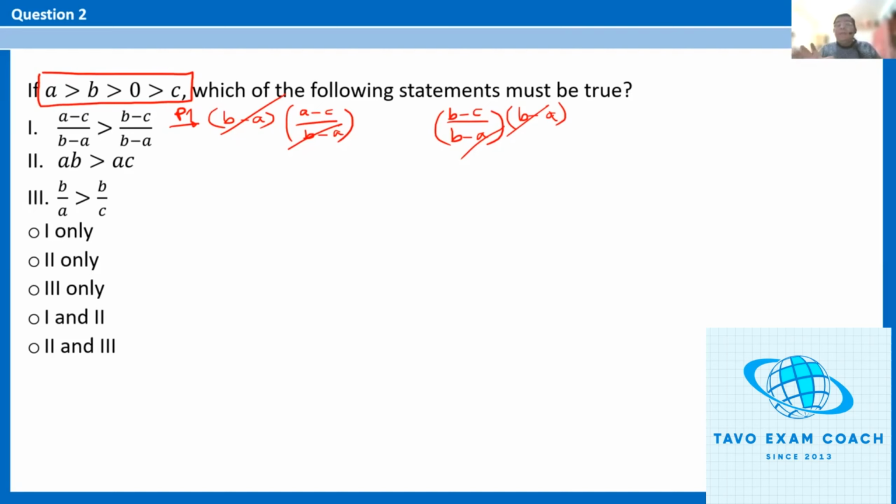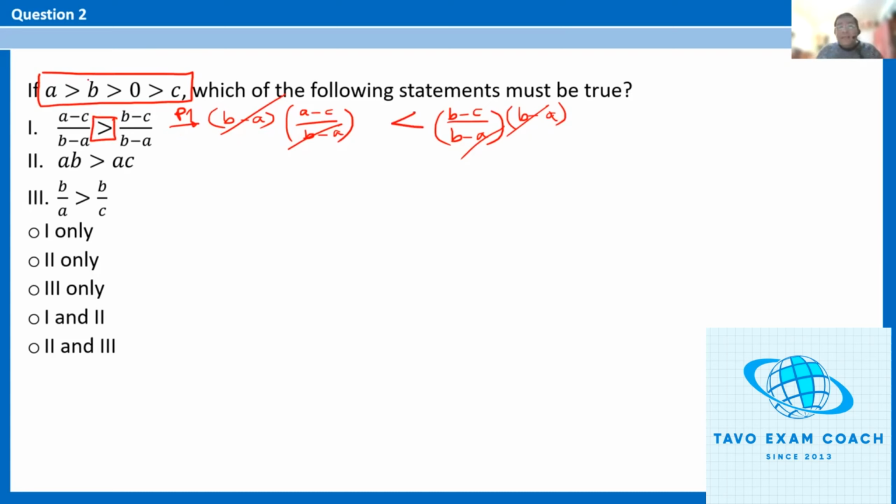Either you multiply by it or you divide by it. But when the factor is positive, the original direction of the inequality remains. When the factor by which you multiply or divide both sides of an inequality is negative, the inequality symbol must be reversed. So this inequality symbol needs to change to less than.